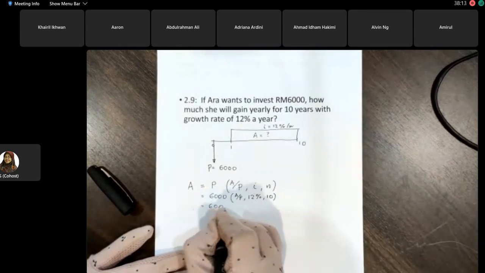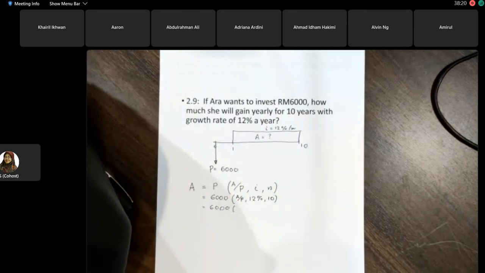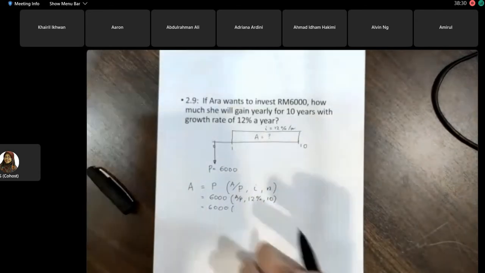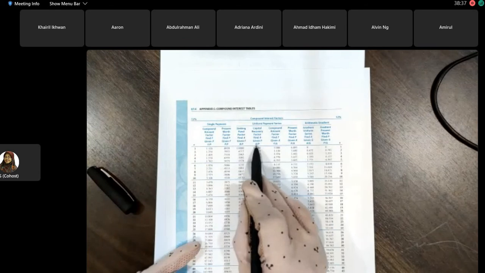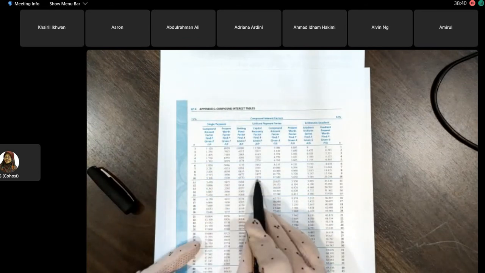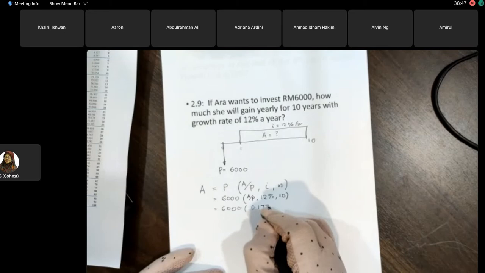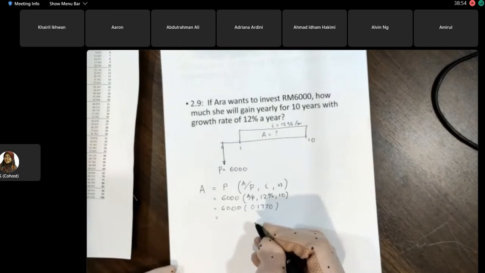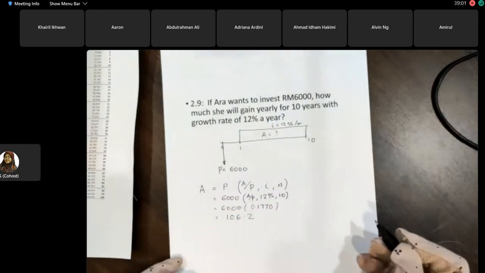So 6,000 times (A/P, 12%, 10). Looking at 12% and year 10, the value is 0.177. So you will get 106.2.